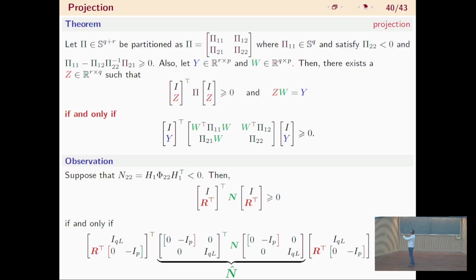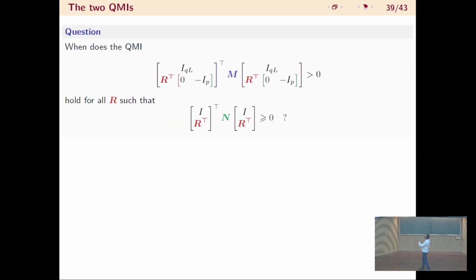And I need to multiply by W transpose W from left and right, and this is my W. If I do it on n, I obtain n hat.